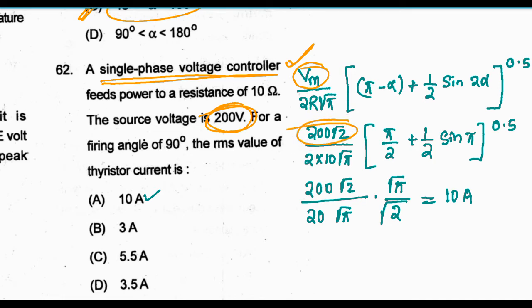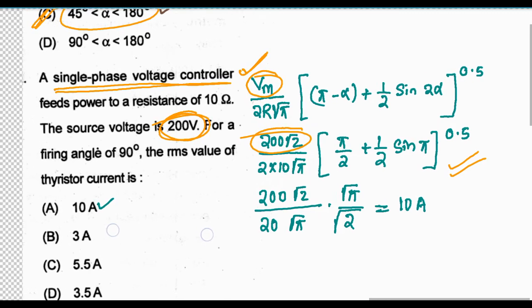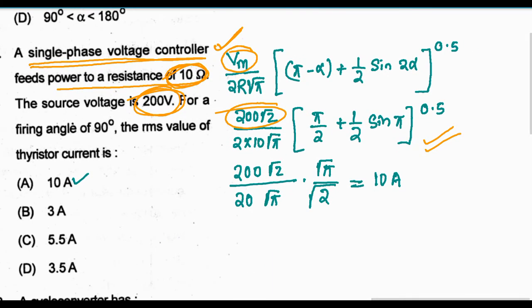If we put this in, it will give the RMS value of this much, and what is given here is that it feeds a resistance of 10 ohm. For 10 ohm, this will be 2 into 10 here.